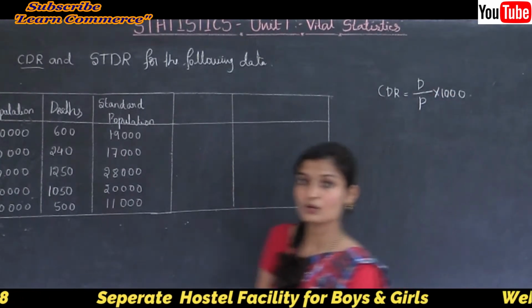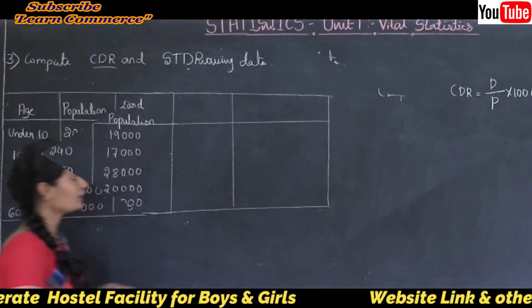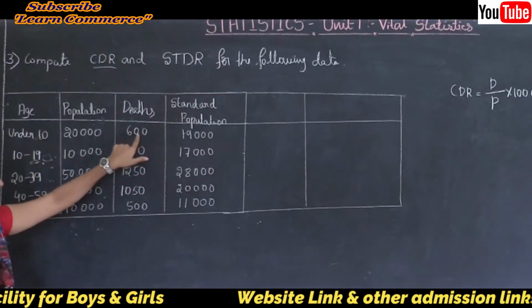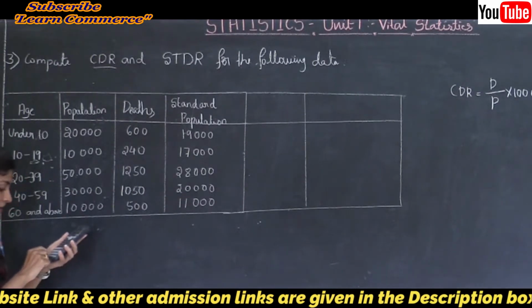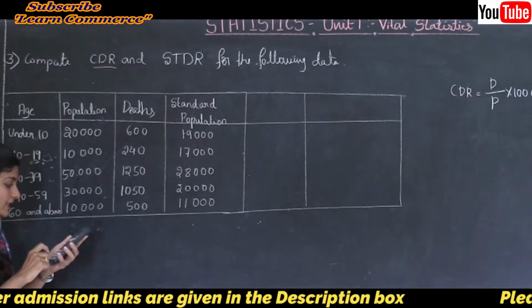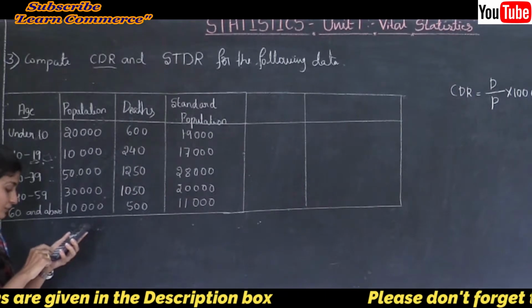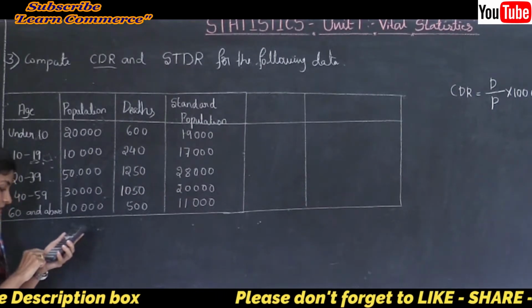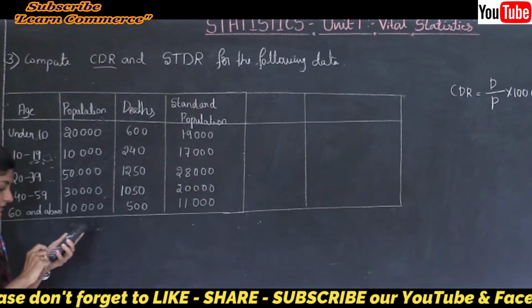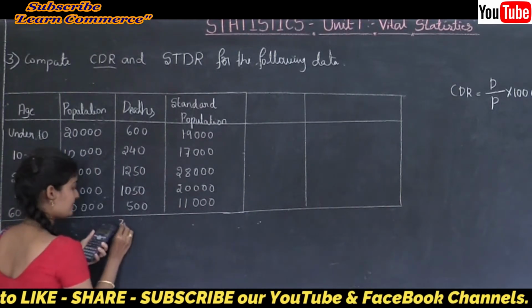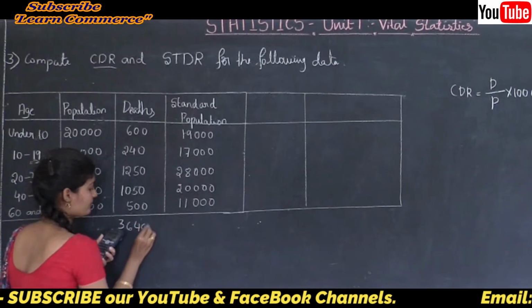First, how to calculate the total of deaths? That is 600 plus 240 plus 1250 plus 1050 plus 500, that is 3640.